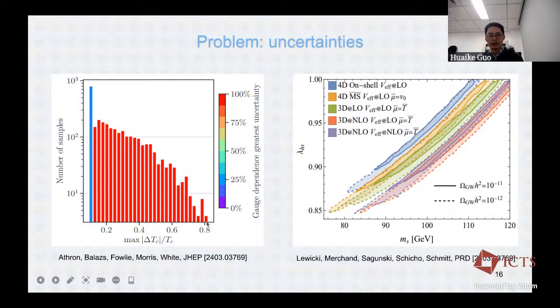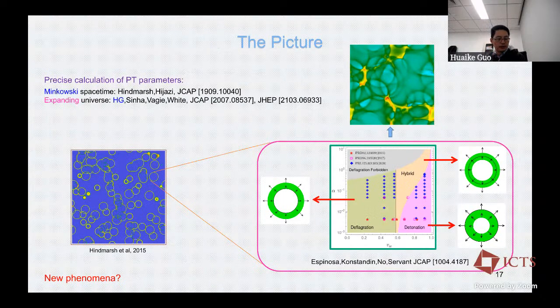You can see right now we have a large uncertainty for both scenarios. So to face possible discovery in future detection, we need to make more precise predictions for the entire chain of calculations.